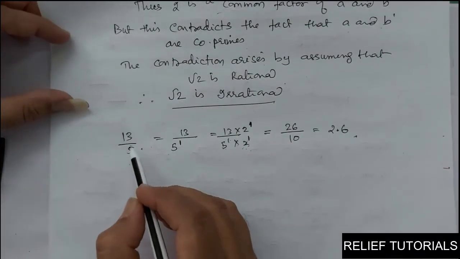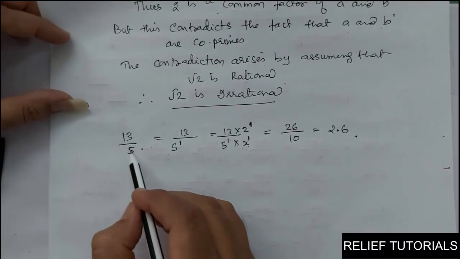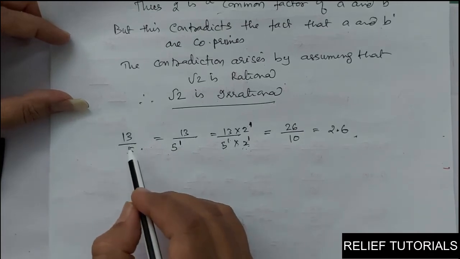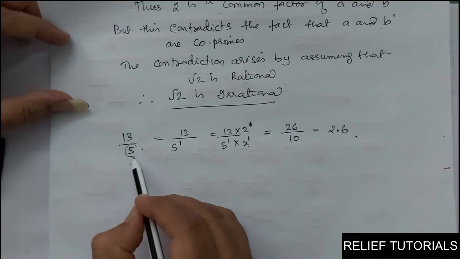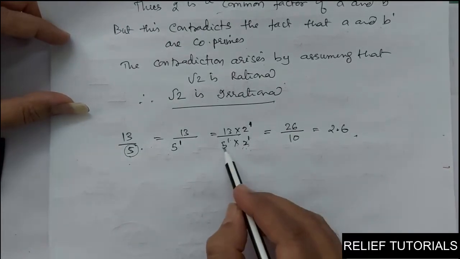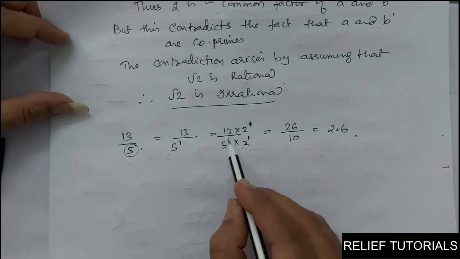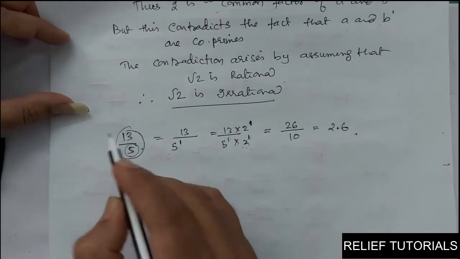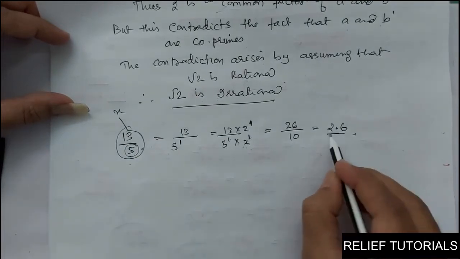So what I have written is a rational number in p by q form. Clear or not? So x is equal to p by q, a rational number such that the prime factorization of q is of the form 2 raised to m, 5 raised to n, where n and m are non-negative integers. Then x has a decimal expansion.